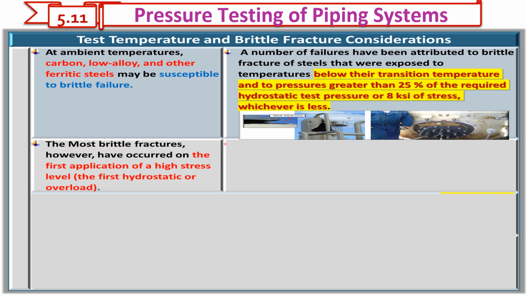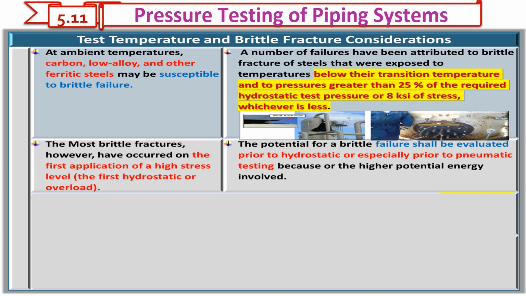The most brittle fractures, however, have occurred on the first application of a high stress level, the first hydrostatic test or overload. The potential for a brittle failure shall be evaluated prior to hydrostatic, or especially prior to pneumatic, testing because of the higher potential energy involved.